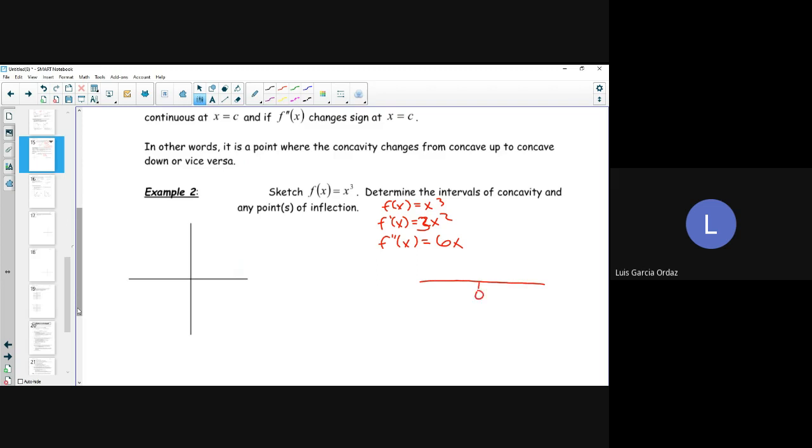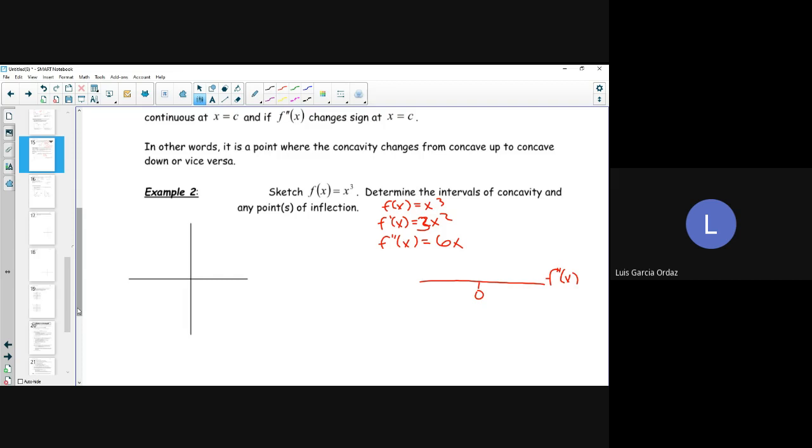Okay, we know that the graph of f of x equals x cubed crosses my x-axis at what point? In normal f of x equals x cubed, it crosses the origin at 0, 0.